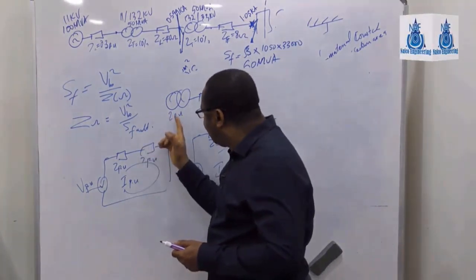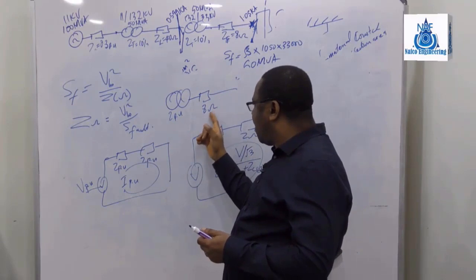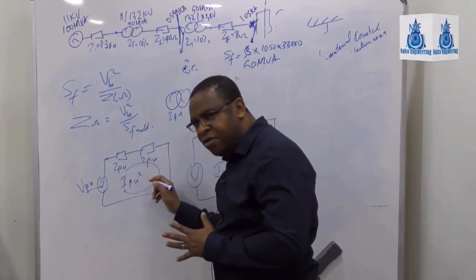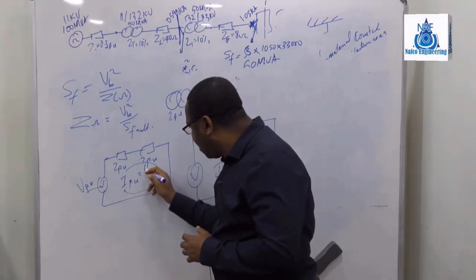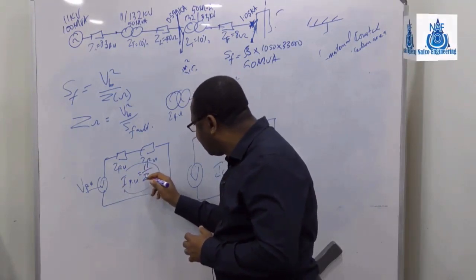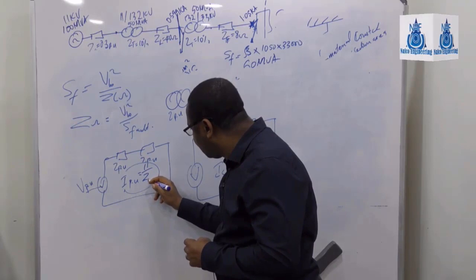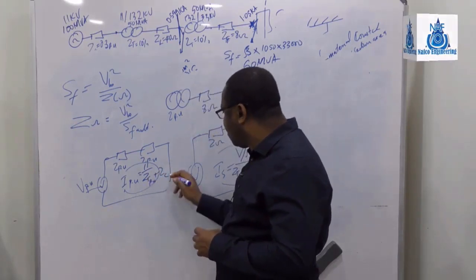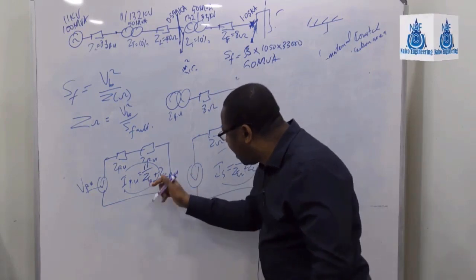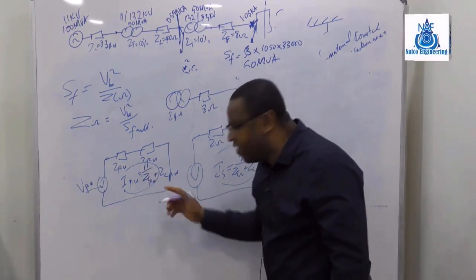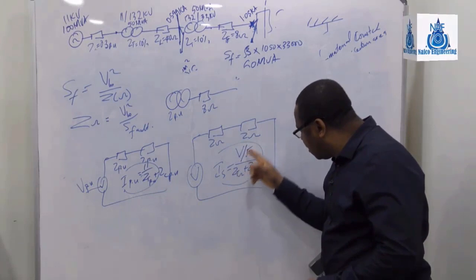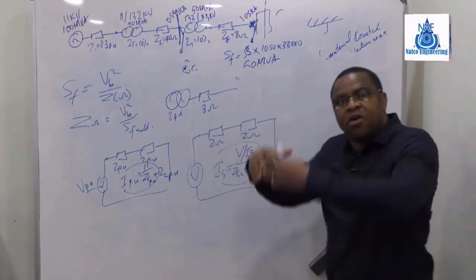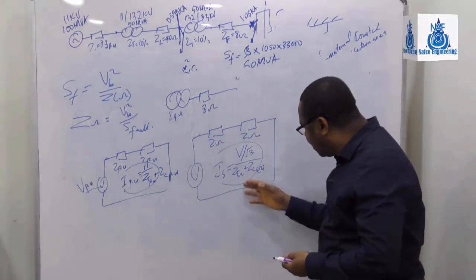Or I put this one in per unit and solve, and we'll get I in per unit, which will be 1 over Z of transformer in per unit plus Z of the cable in per unit. Remember here now there's no root 3 here. This is just 1 over something. But here is V over root 3 to get a single phase value of such a three-phase system, and divide by that.